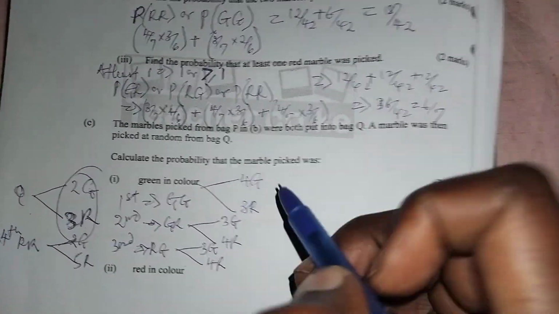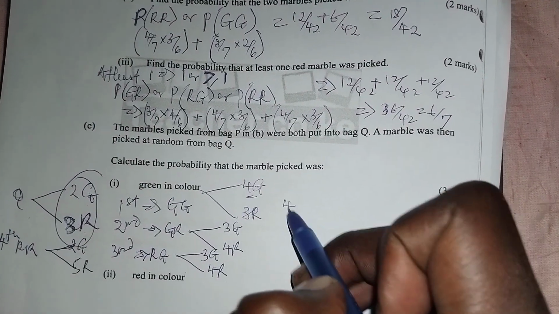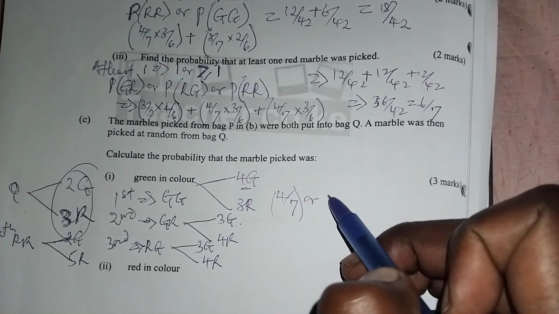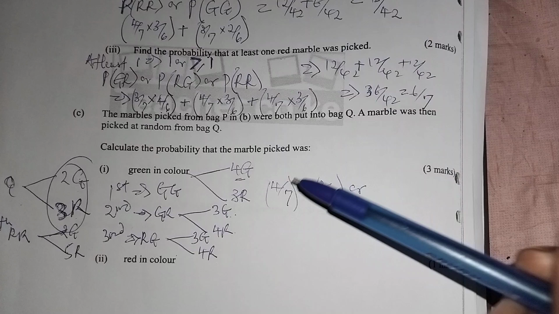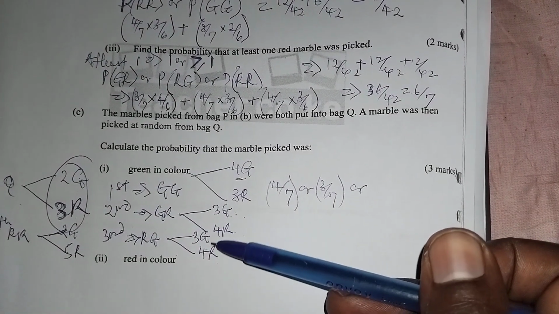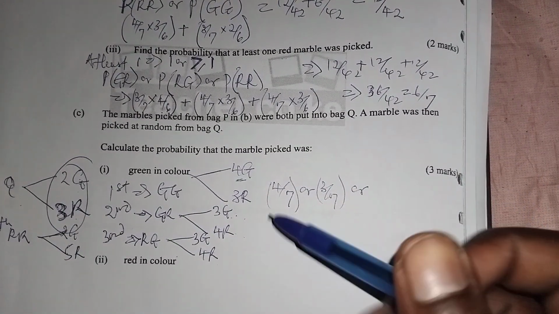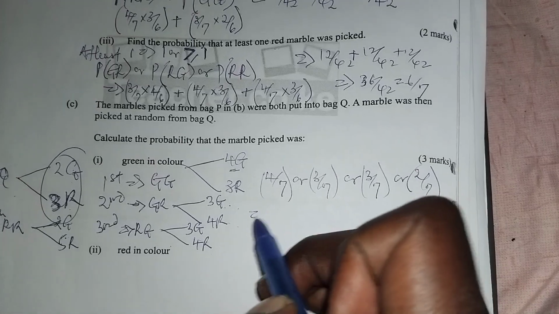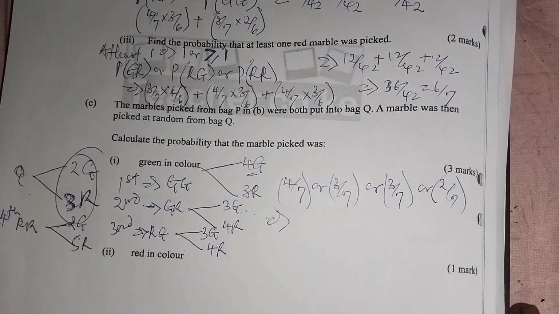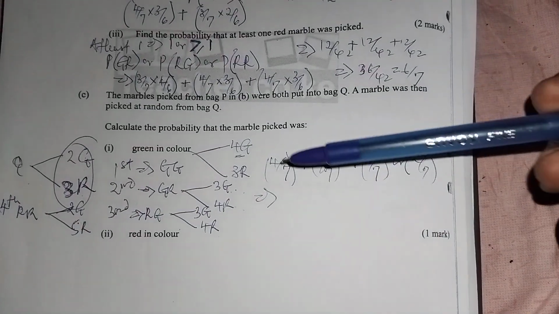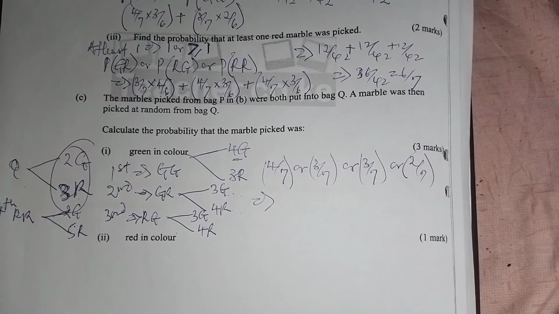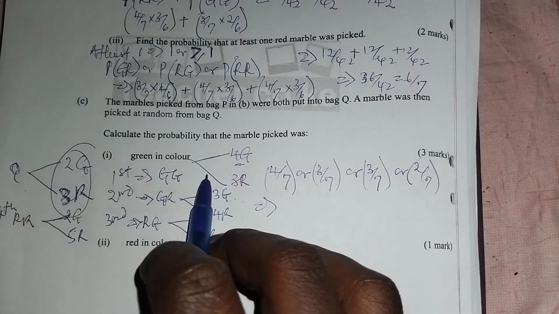For the first scenario, green in color, we have 4 over 7; the second scenario, 3 over 7; the third scenario, again 3 over 7; and the fourth scenario, 2 over 7. So we have all these scenarios.